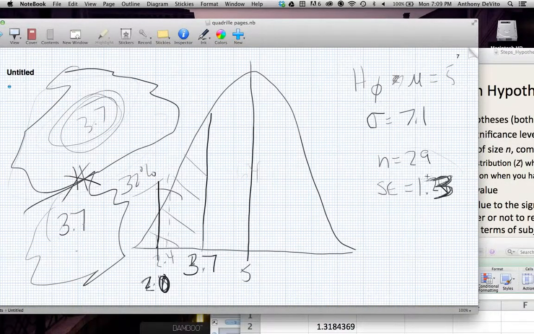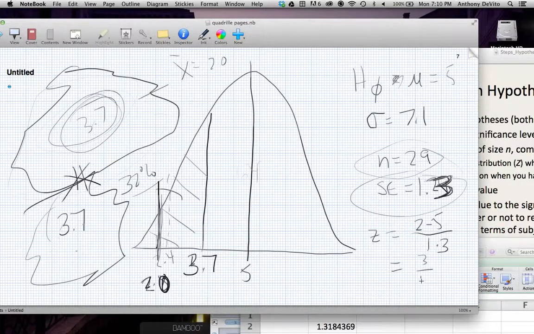If I have this standard error and I took this size sample, what percentage of the time would I have gotten a sample where the mean was equal to 2.0? Well, I can calculate that, right? I can calculate the z-score for 2.0, which is equal to 2 minus 5 over 1.3, which is equal to 3 over 1.3.